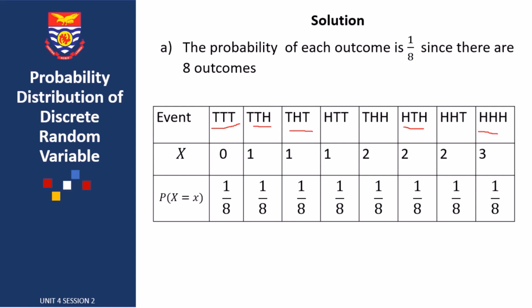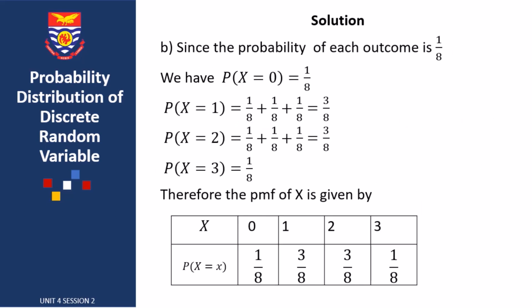You have 0, 1, 2, 1, 1, 1, 1, 2, 2, 2 up to 3, and each has its corresponding probability. Since there are 8 outcomes, each has 1 out of 8 as its probability.